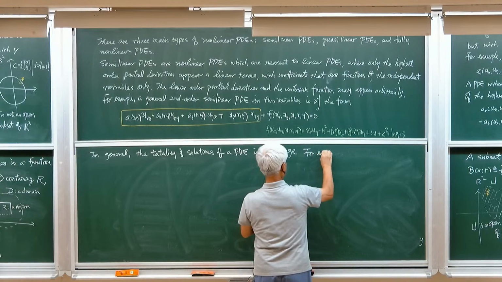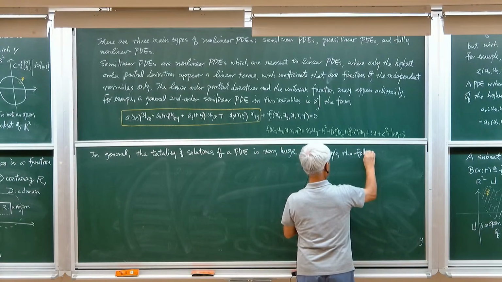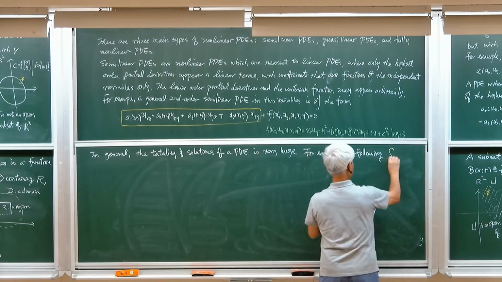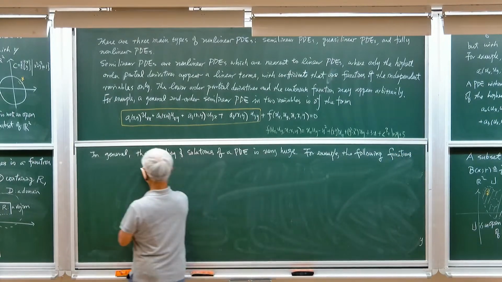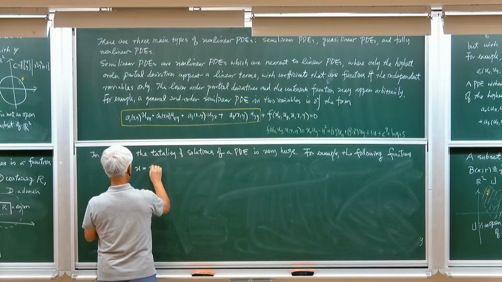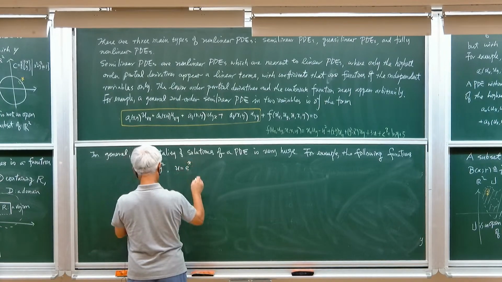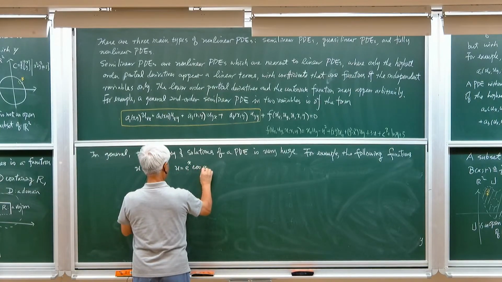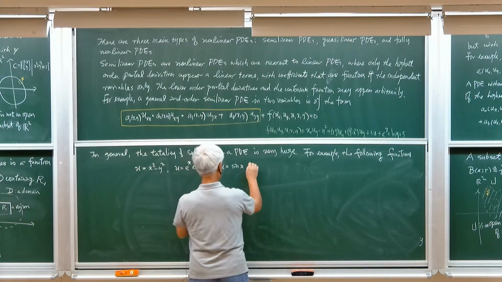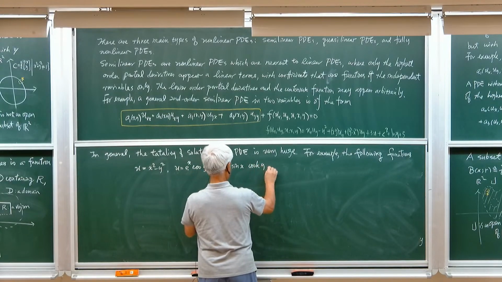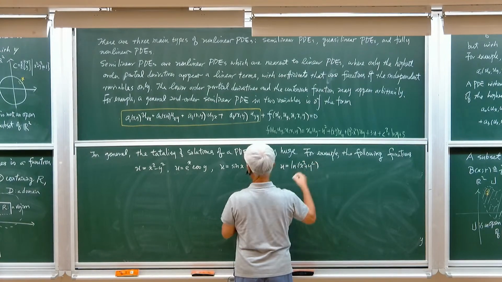For example, the following functions of two independent variables: u equals e to the x times cosine y, u equals sine x times hyperbolic cosine y, and u equals the natural logarithm of the square root of x squared plus y squared.